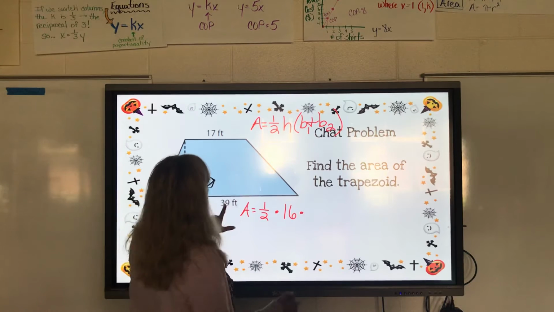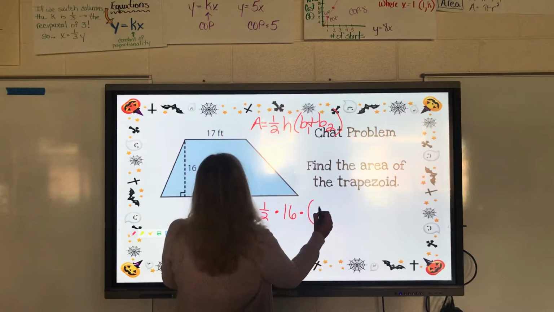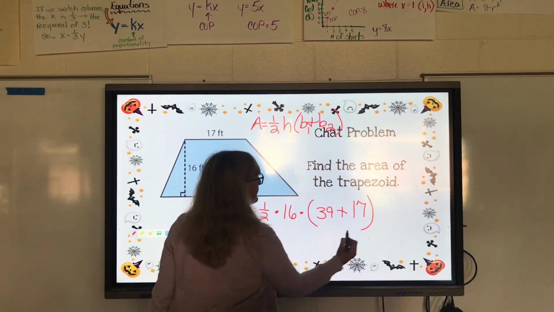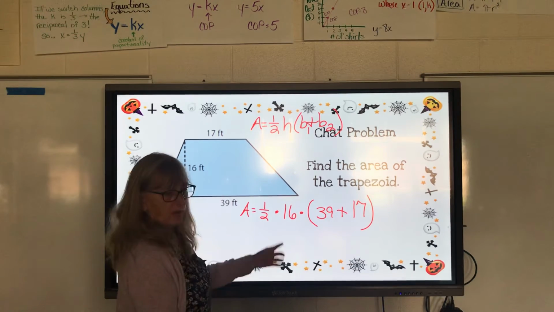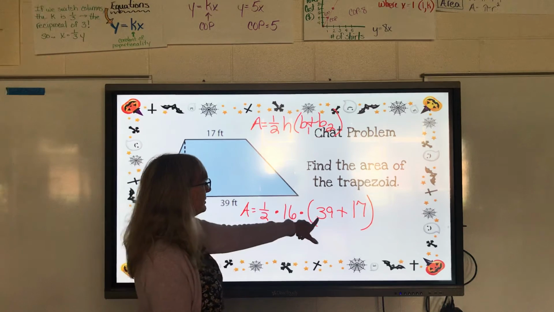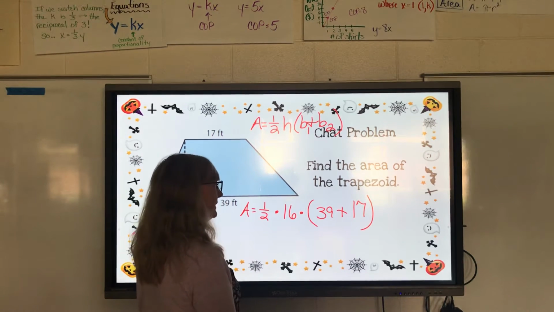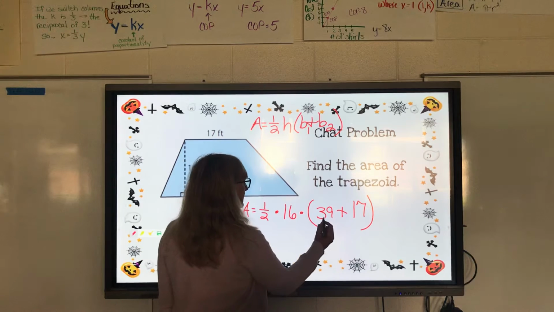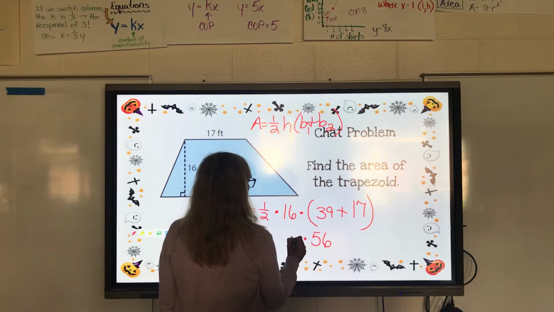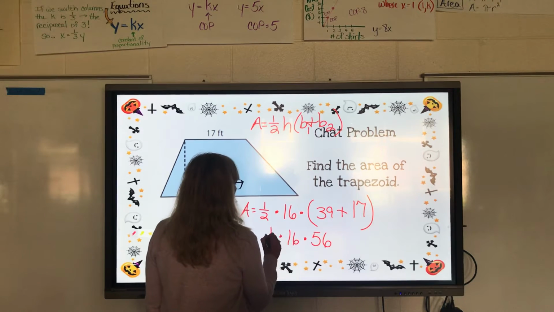All right, so the bases are going to be 39 plus 17. Order of operations says we do what's inside the parentheses first. So 39 plus 17 is 56. Okay, so we have 16 times 1/2.